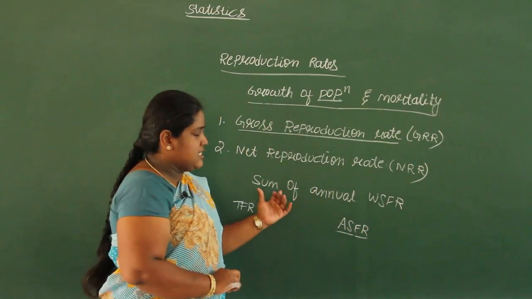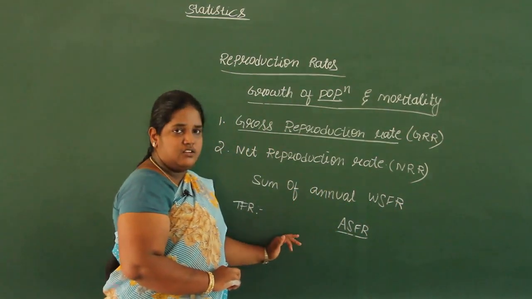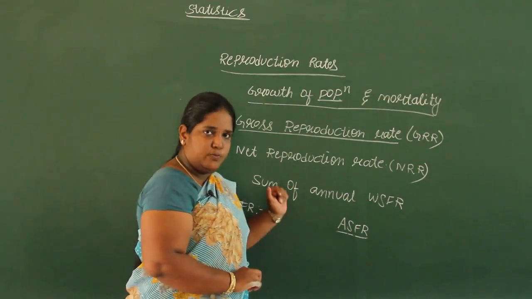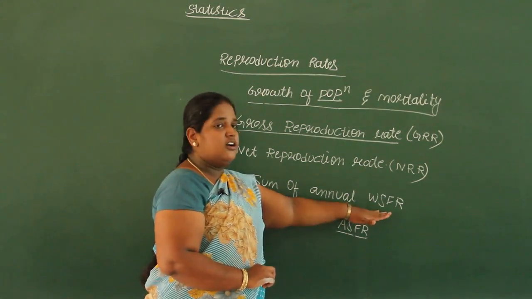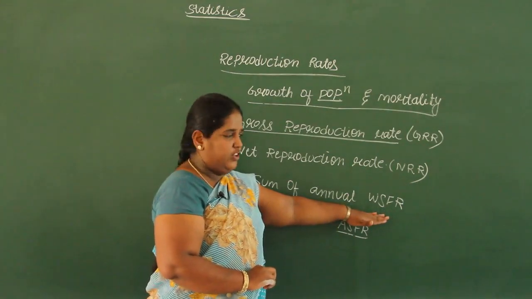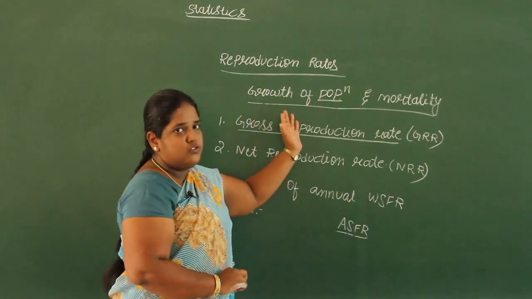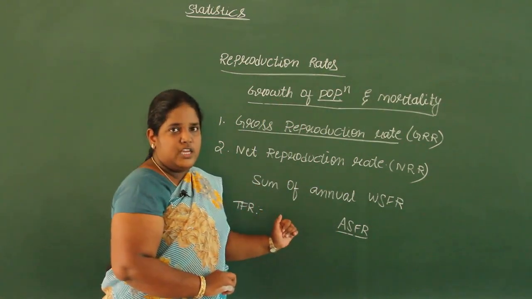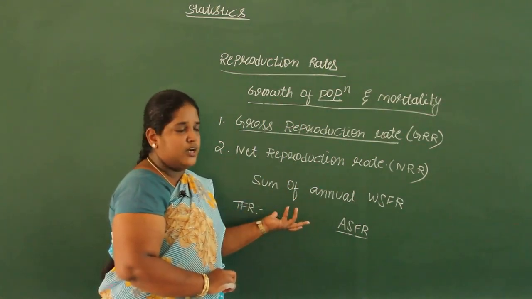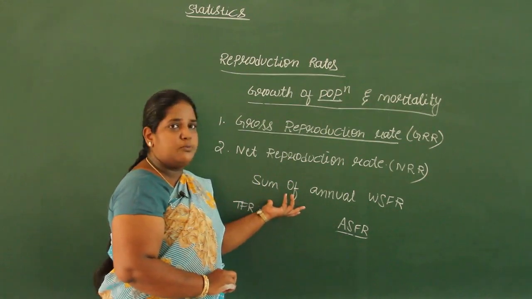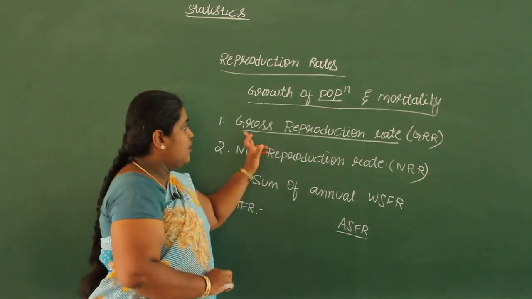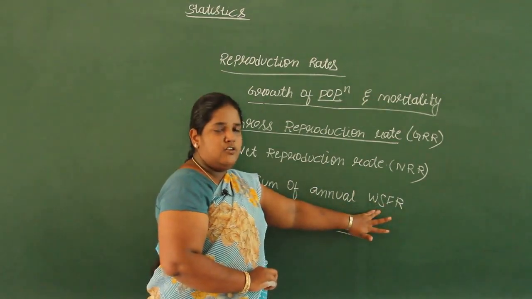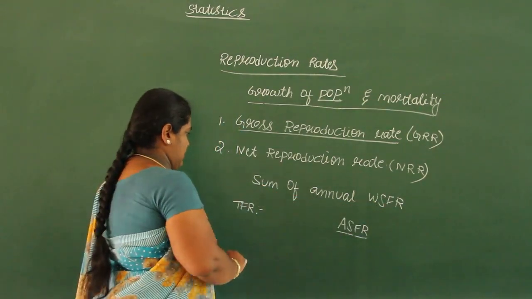The method is similar to what we have done in the TFR. In the TFR, live births were considered. But here we'll be considering only the female births so that the growth of the population can be known, because the future daughters will become the mothers. So in the gross reproduction rate, we will be studying only the women's specific fertility rate.